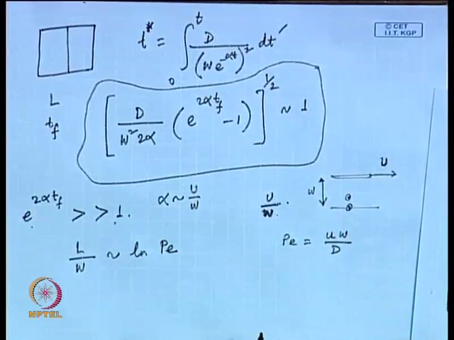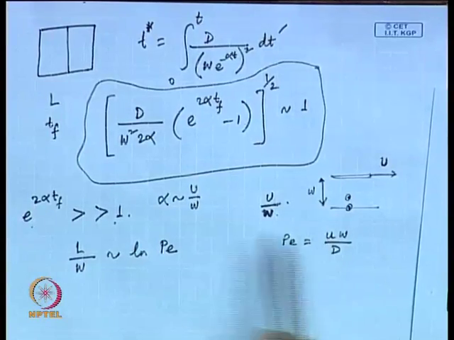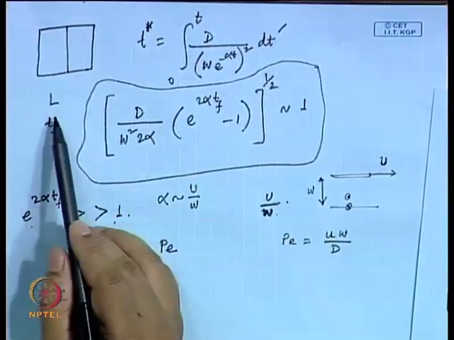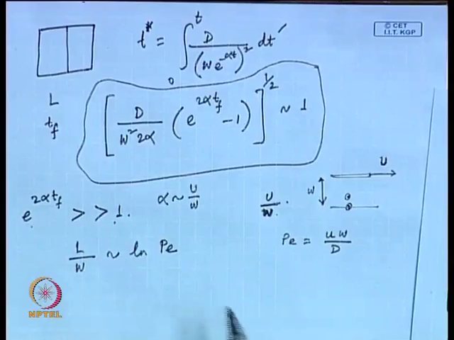Okay, so, this is the Peclet number. And how are U, L and Tf related? U is nothing but L by Tf, that you know. So, at the outlet, the thickness of the strip is W into e to the power minus alpha Tf, but the entire strip is already flooded by the diffusing species. So, this L by W basically scales to ln of Peclet number.